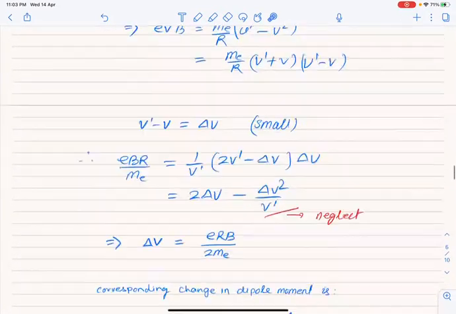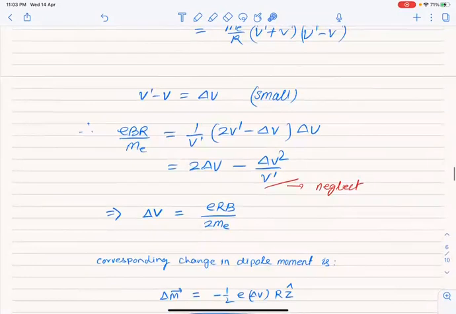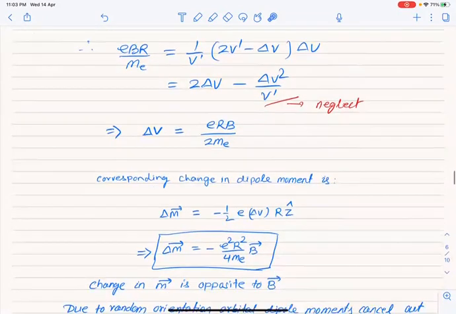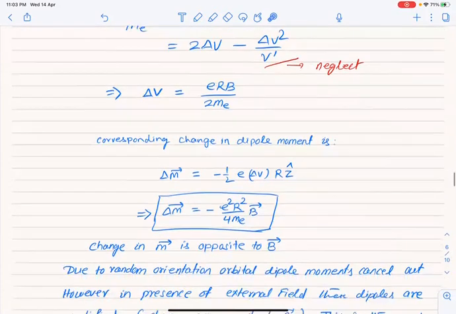So your delta M now, because your V has changed with an amount delta V, effectively changes with minus half E delta V R Z cap. So now for delta V, you can replace this one, and then you do the calculation. So you will have eventually delta M as minus E square R square B by 4 m_e.